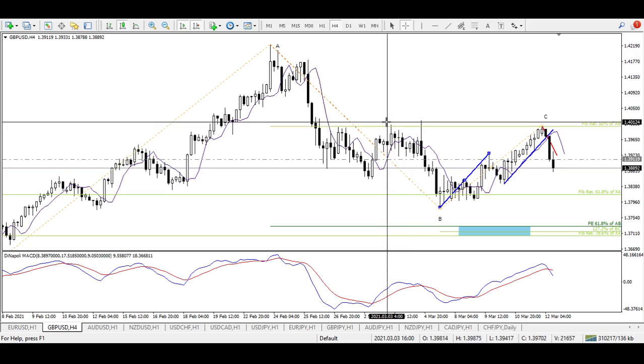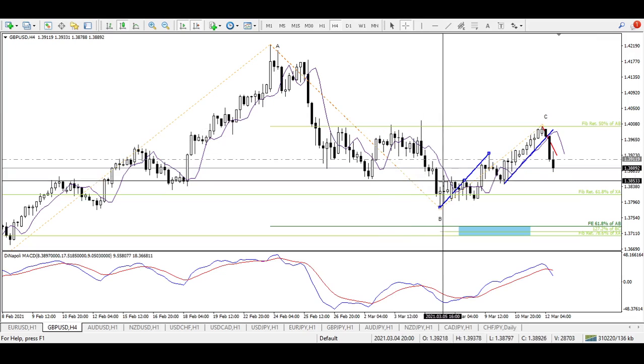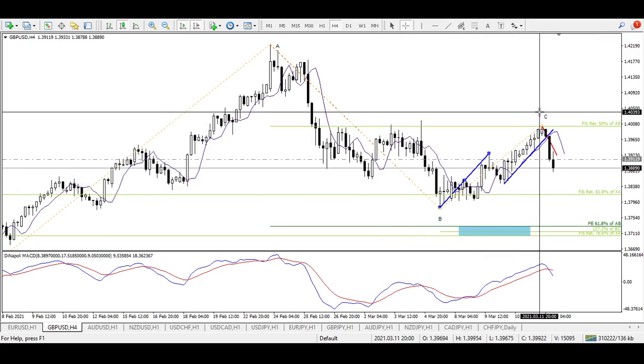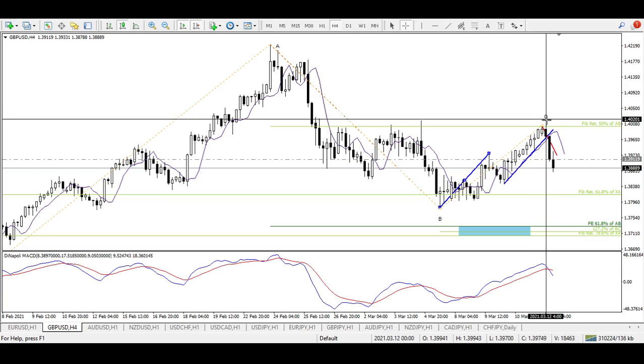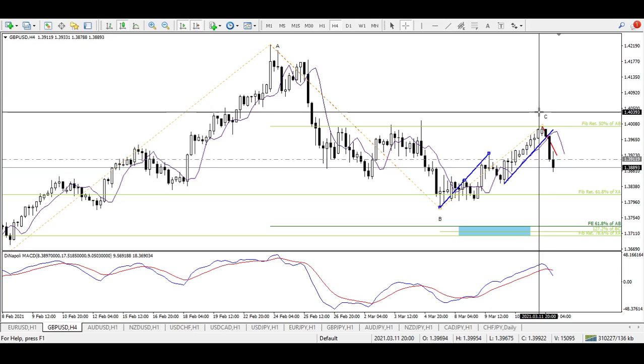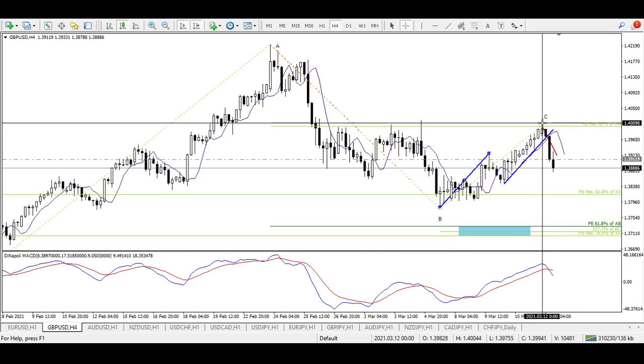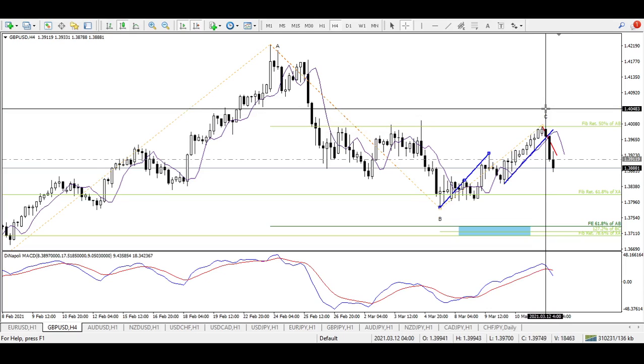So basically last time the market had gone 11 pips beyond the previous high, but then it returned back and continued. So at least we should see a close at least 12 or 13 pips above point C. To be very safe, let's take 15 pips for the difference. So if the market closes at least 15 pips above this point C, then we should close the position.